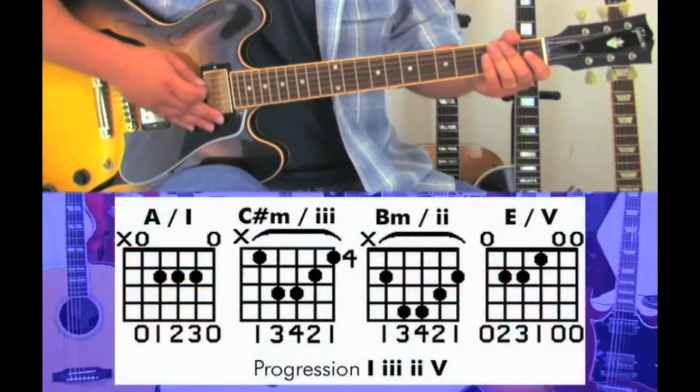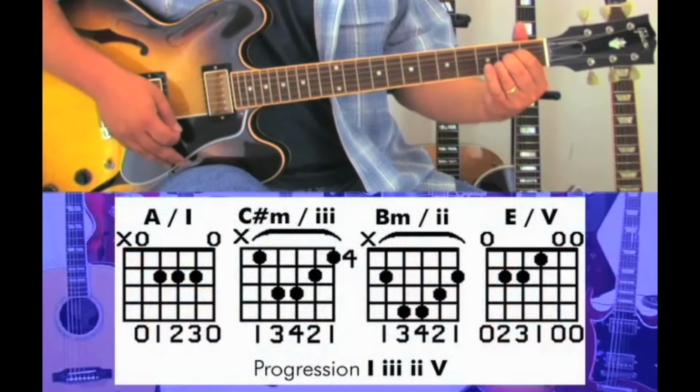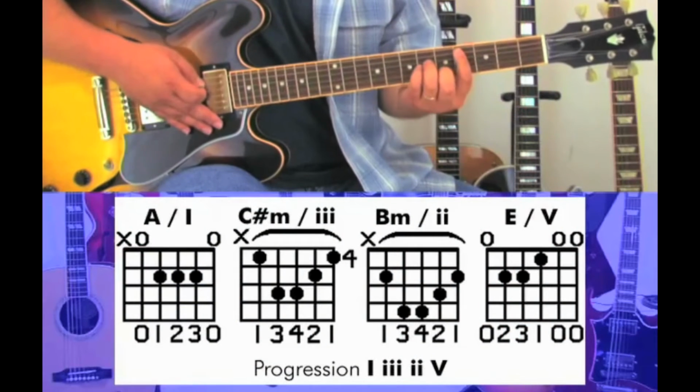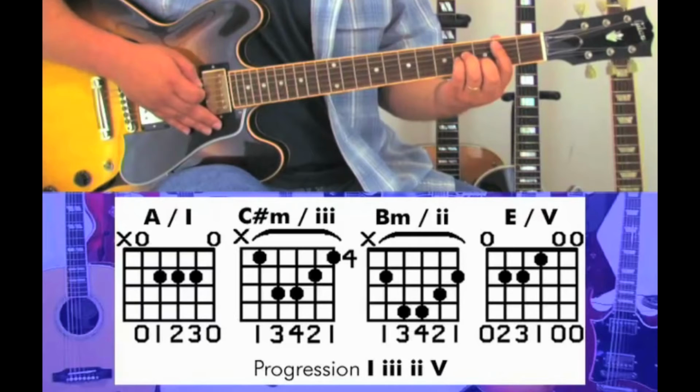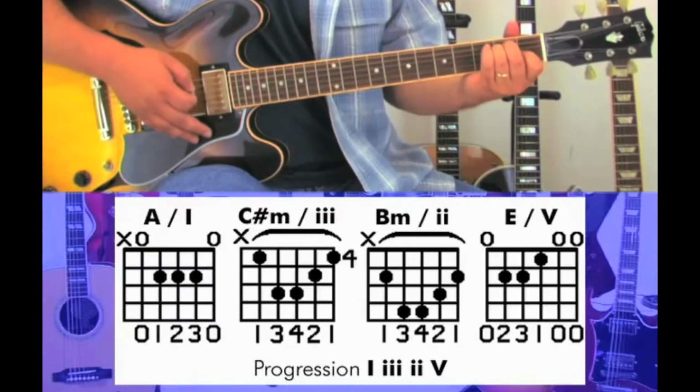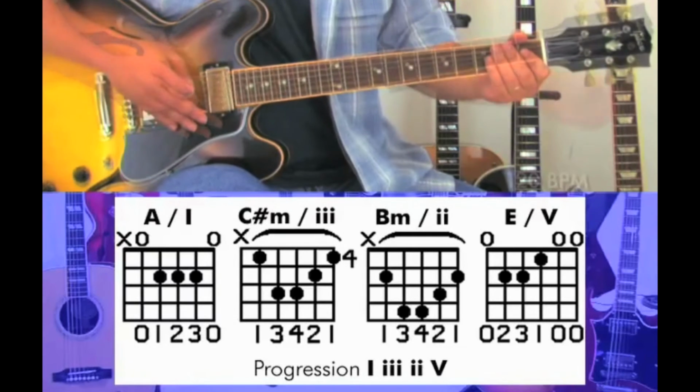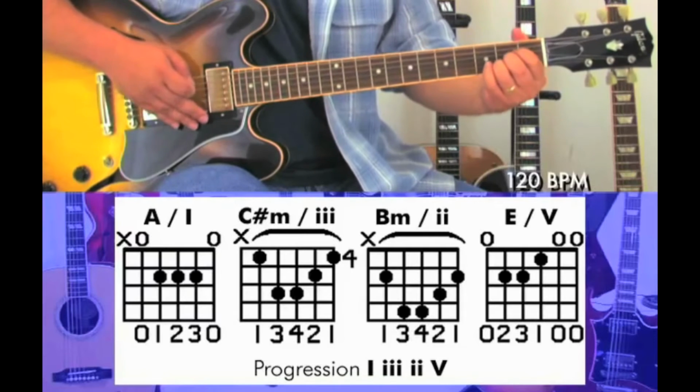This progression changes from A to C sharp minor to B minor, then E. 1, 2, 3, 4.